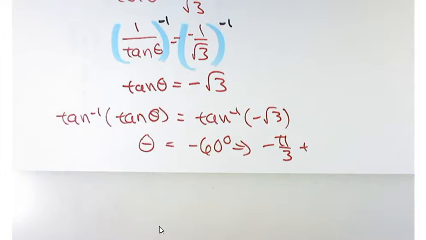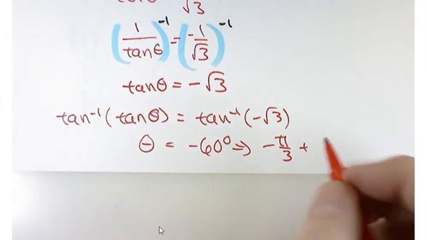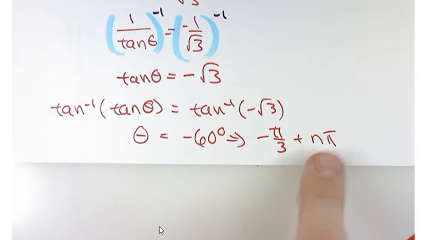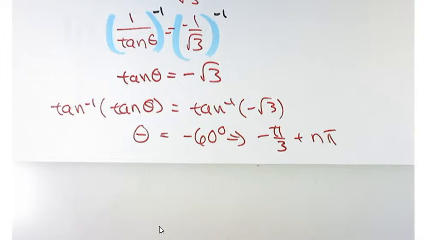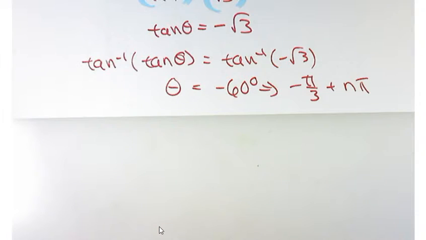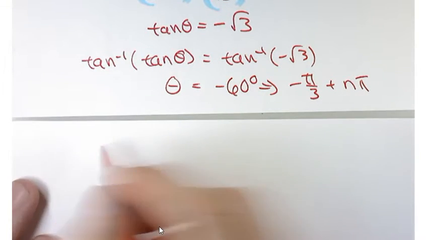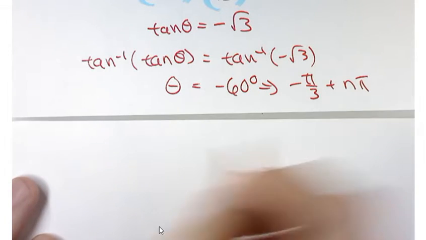What else should I add here? Period is pi, so you're close. I know where you're headed. It's n pi, but then you need a common denominator. So to get that common denominator, I'll multiply the numerator and denominator by 3.